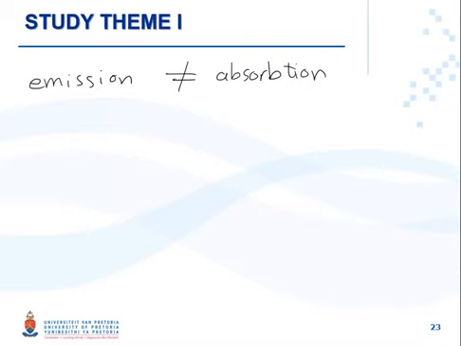Because I claim, based on all the stories that I said, that the black body reached thermal equilibrium with its surrounding, and in order to do that, it means that the black body absorbed the same amount of radiation that it emitted. But just think that no, it's not true. So if the emission is not equal to absorption, what would happen then?